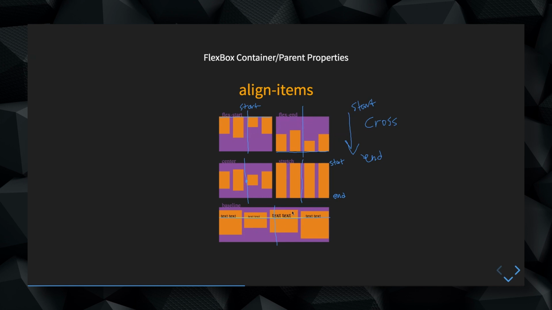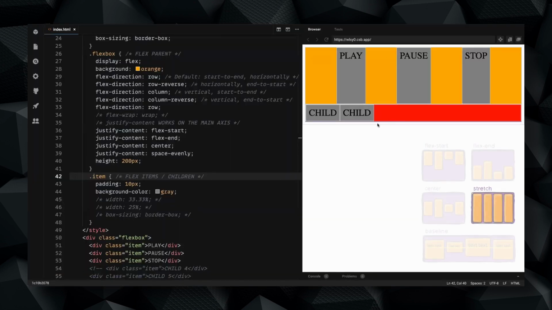So let's see align items in practice. By default, we have the cross axis here. We have start, we have end. And this is the cross axis. As you can see, align items works by default with the value stretch.